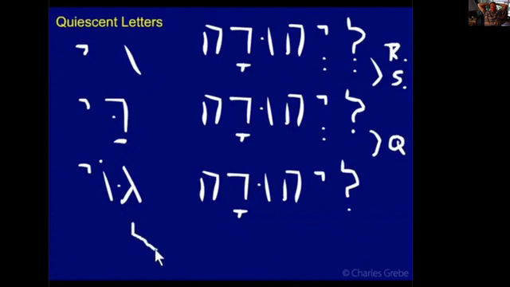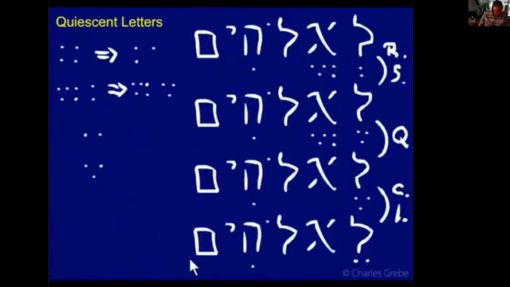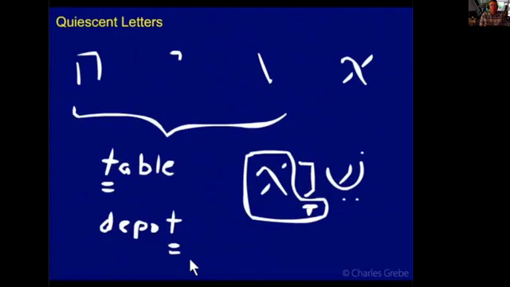Or tsav. There you have a Vav at the end, functioning as a consonant. Tsav means command. It's the word to command in the imperative form. So you're telling someone, command these other people to do whatever. Command. So, by way of review, we have four consonants, He, Yud, Vav, and Aleph, that can lose their consonantal value.